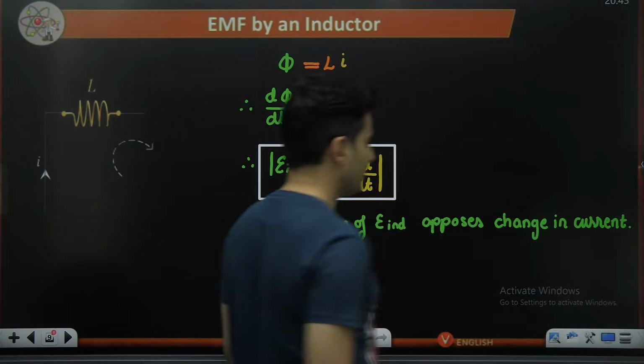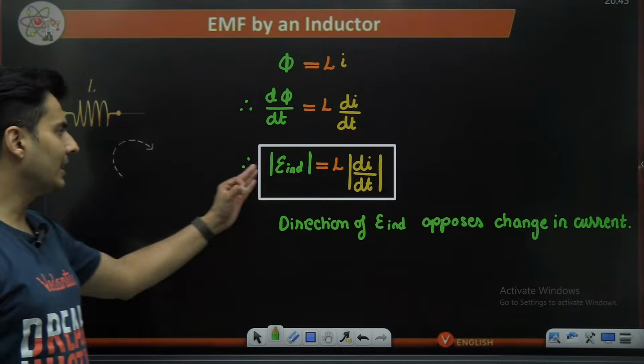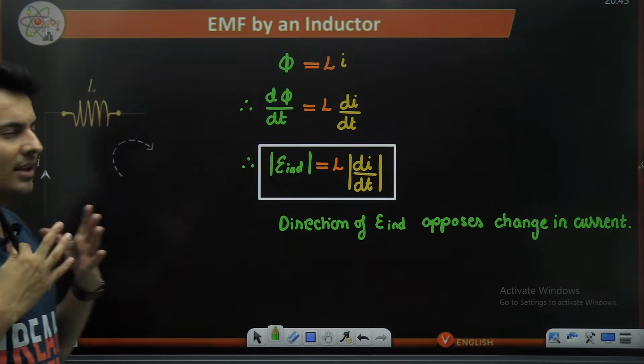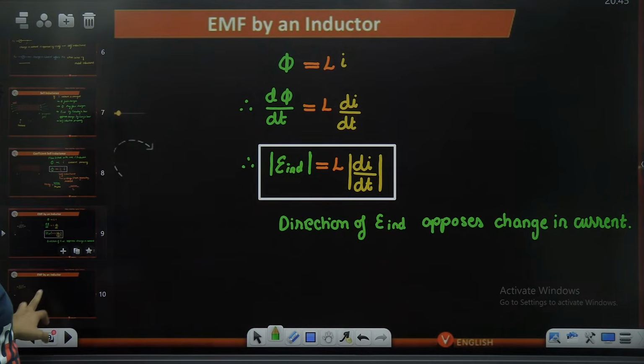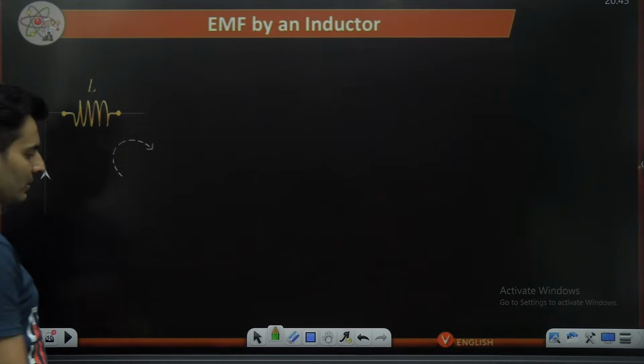It always opposes any kind of changes in the current. That is how it is directed. So what do I really mean by that? I will demonstrate that to you via three different scenarios.